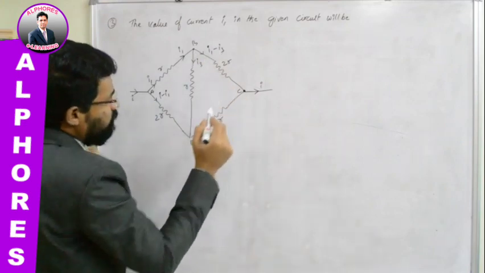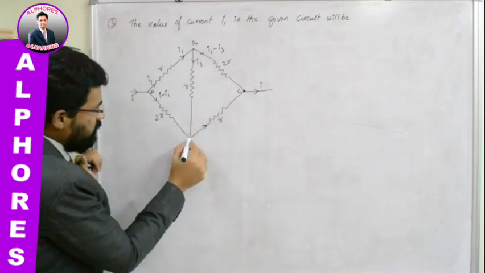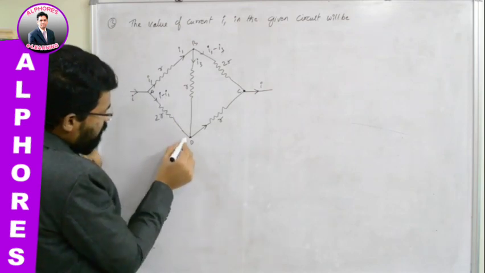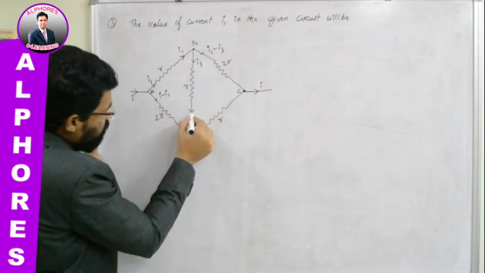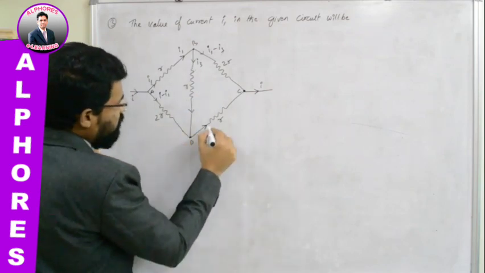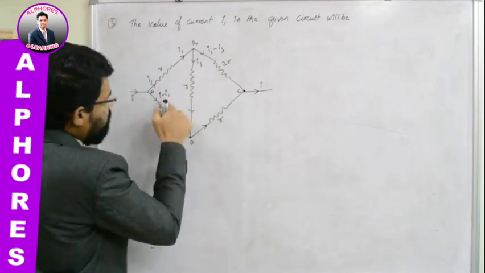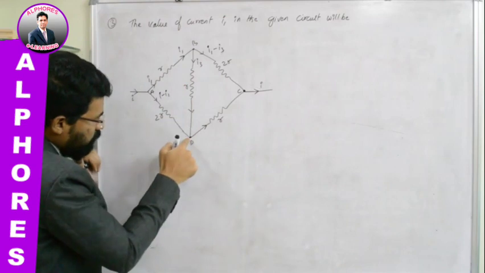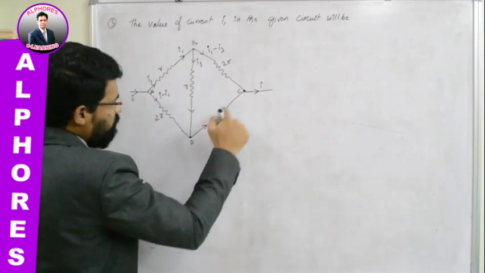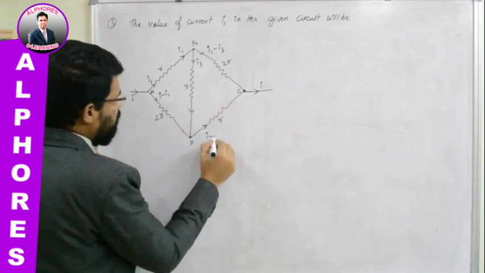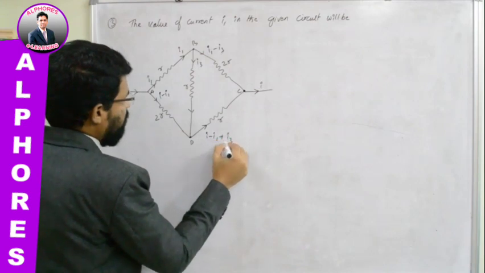That current will travel along this direction. Now look at junction D. I minus I1 current is approaching. I3 current is also approaching. So the current leaving will be the sum of these two currents, which are approaching the junction. So the leaving current will be I minus I1 plus I3.